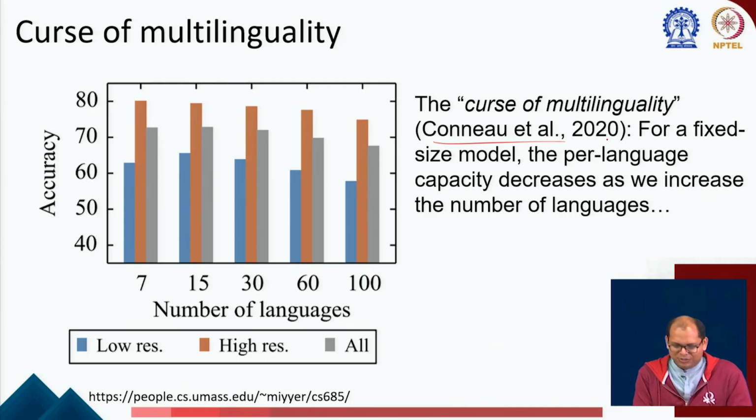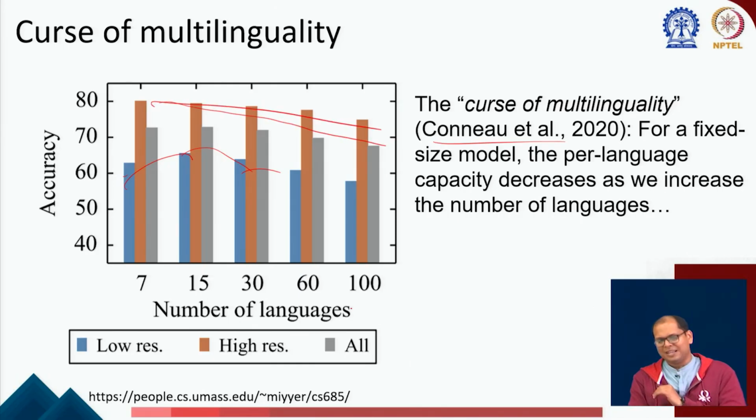So if you take a low resource language, as you increase the number of languages, slightly you see an increase, but then you start decreasing the performance. Same thing happens for high resource languages. So it's a decreasing trend as you increase the number of languages in the mix for a fixed size model. So that means if you have to add more languages, you will also have to increase the capacity of your model, and you have to use larger and larger models so that you don't see a drop in the other languages.